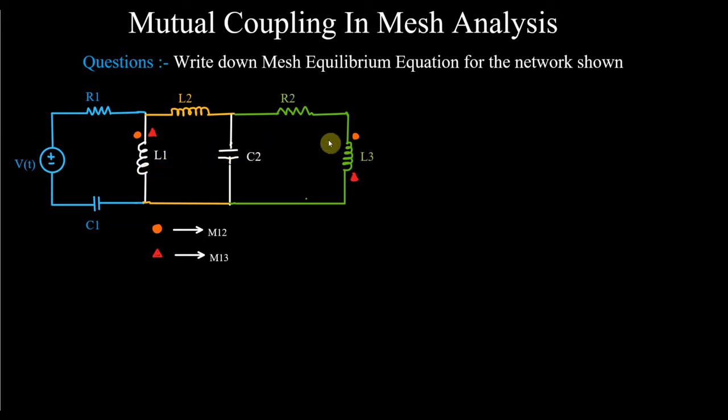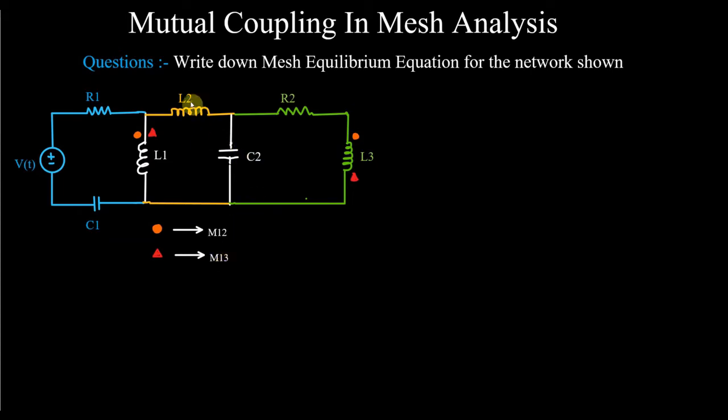Similarly, this red triangle is at L1 and another triangle is at L3. Both these triangles represent that L1 and L3 are mutually coupled with mutual inductance value M13. So when you write the equation for the dot, you have to consider M12. When you write the equation for the triangle, you have to take M13.